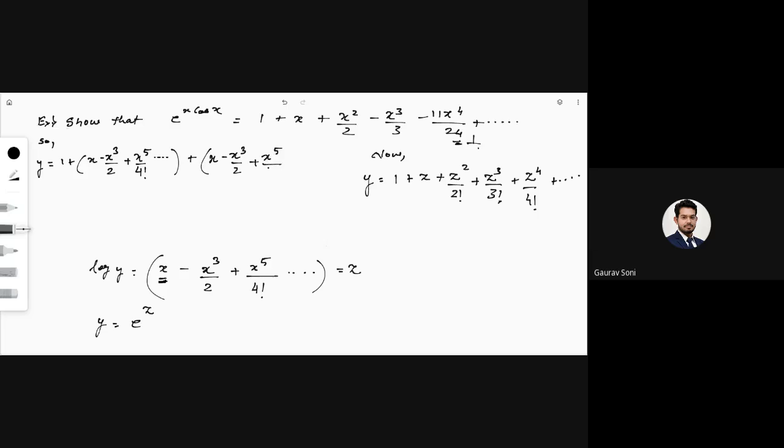x raised to 5 by 4 factorial, z square into 1 by 2.